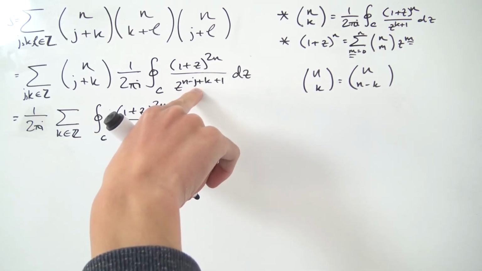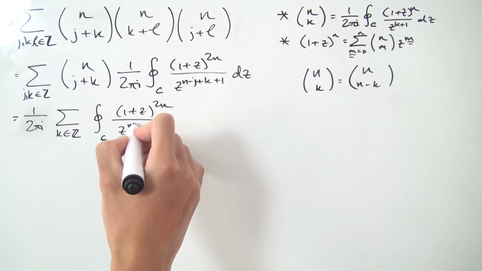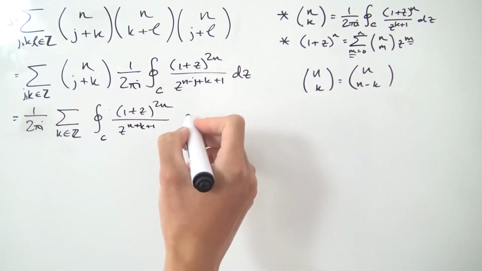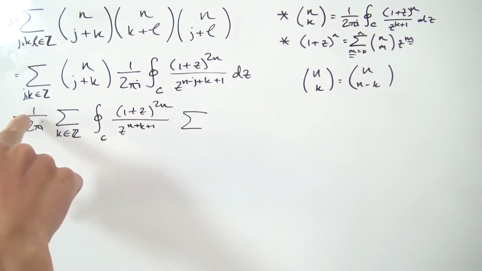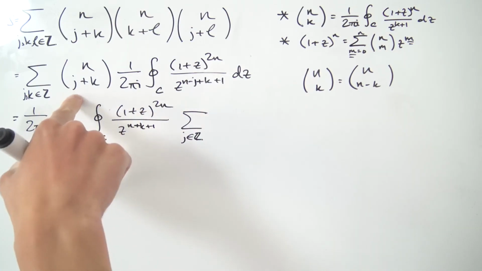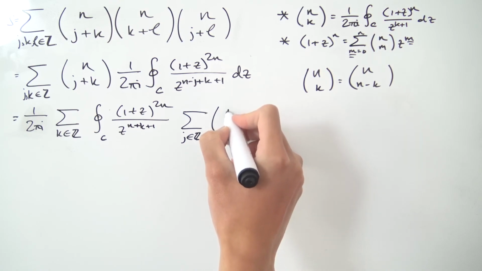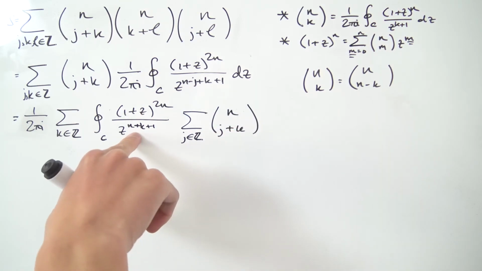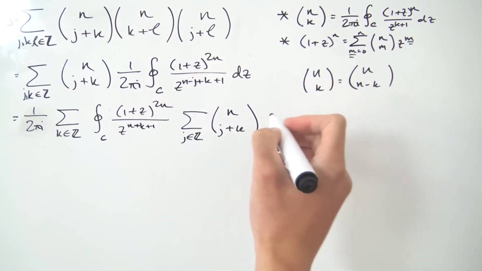Now I'm going to use that minus j, so let's ignore it for now. So n and then plus k plus 1. Now we have the sum. Now we put in the sum over j, and we also have to pull in this binomial coefficient, which is n choose j plus k. Now I use that z to the minus j, I'm going to flip it up over here.